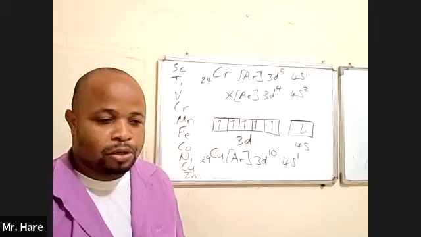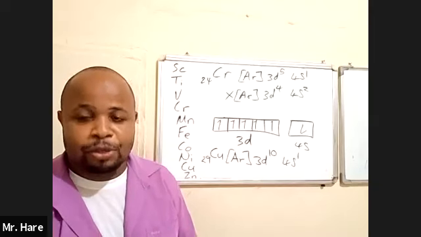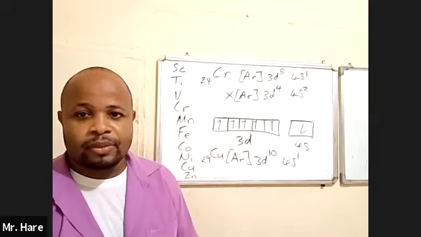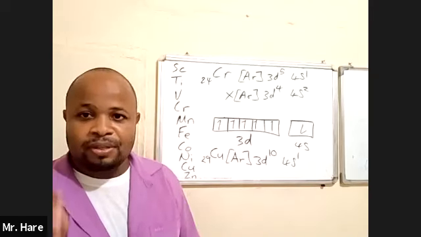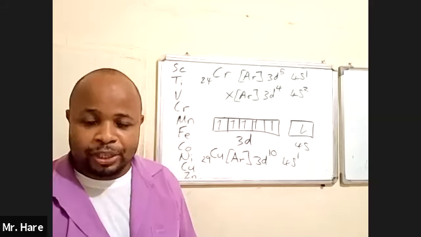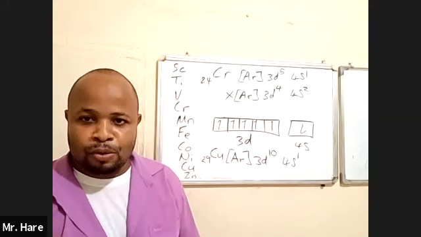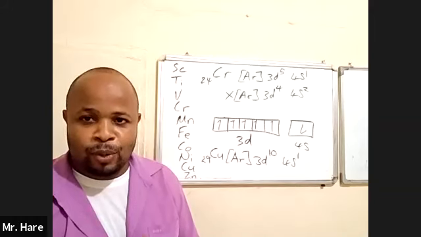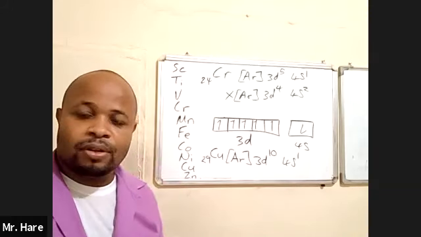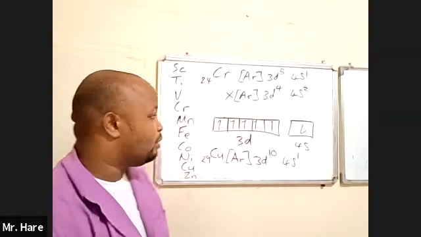I'm going to write it on the board, so you don't have to worry. I'm just explaining first. Compounds like water have lone pairs of electrons. They can donate them to the metal ion and form a bond with it.